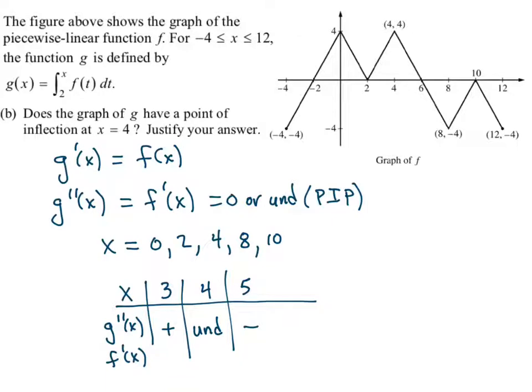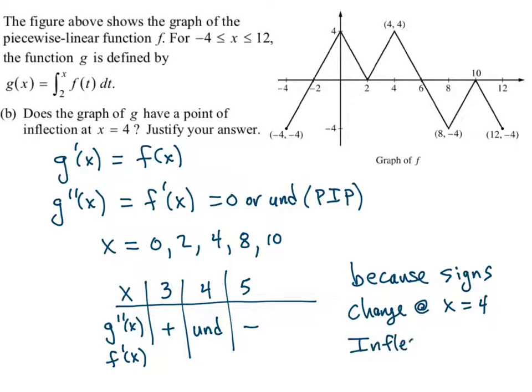So at x equals 3, the slope at this point is positive, and at 5, the slope at that line equals a negative value. We can figure out what it is, but it's just a sign chart, just positive or negative. Since those signs change, it goes from positive to negative, that ends up being an inflection point at x equals 4.